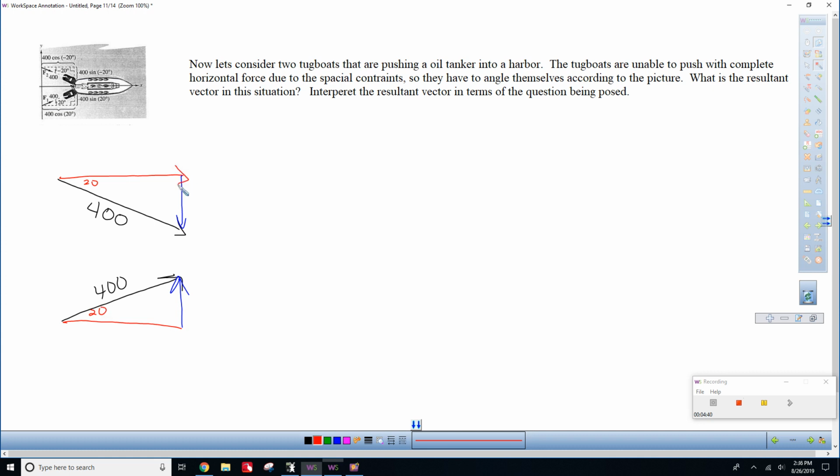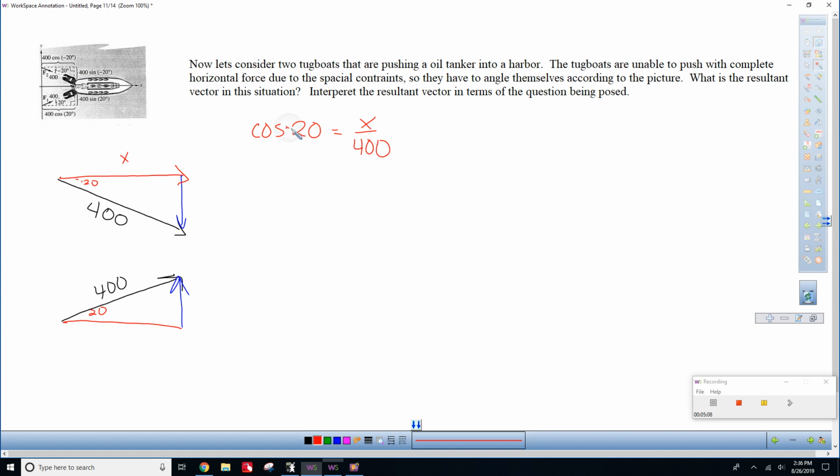Now I'm going to do it by hand. According to the 20 degrees, x is adjacent, 400 is hypotenuse. You would say cosine of 20 is x over 400. Notice this would be a negative 20. Thank you. This one is a positive 20.